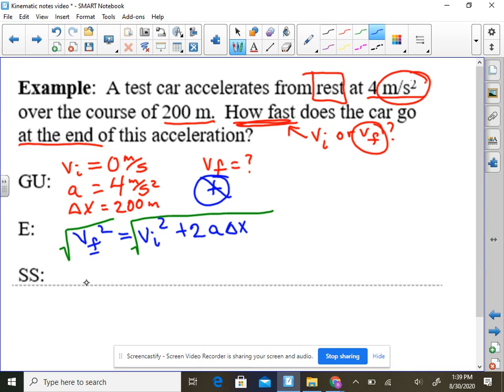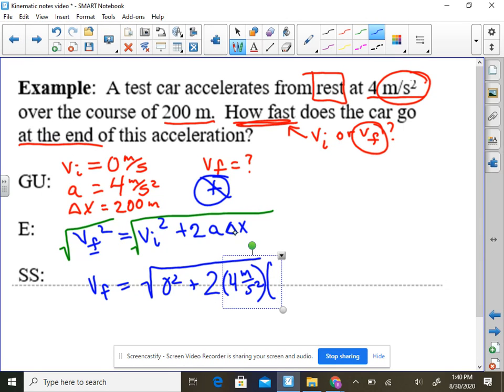And final velocity will equal, my initial velocity squared is just 0, and 0 squared is 0. So you can leave that off if you want. I'm writing it just so you know it didn't just disappear. And 2 times my acceleration is 4 meters per second squared. And my displacement is 200 meters.